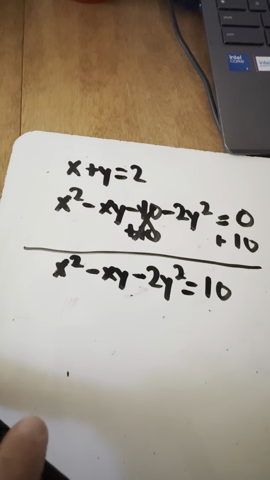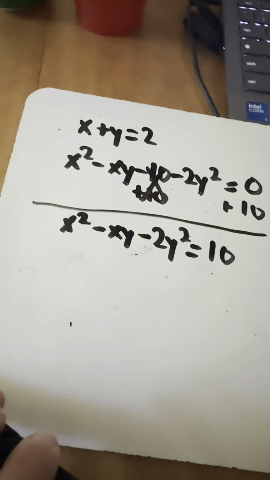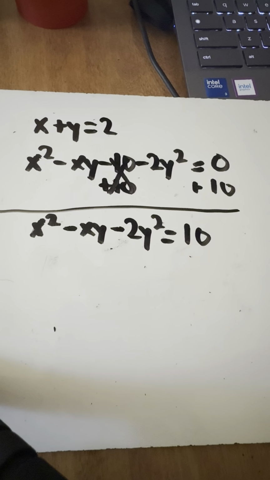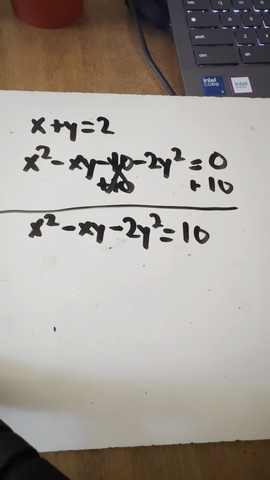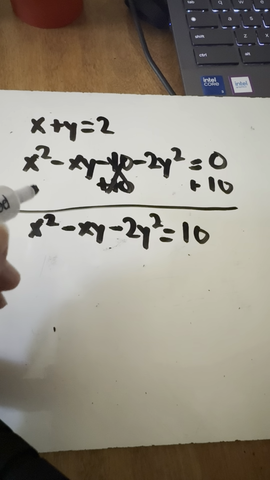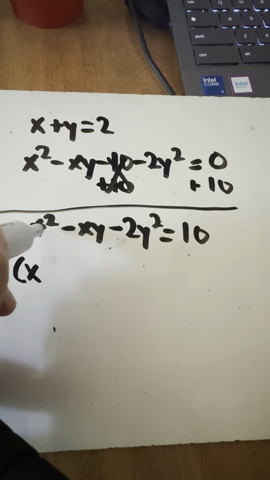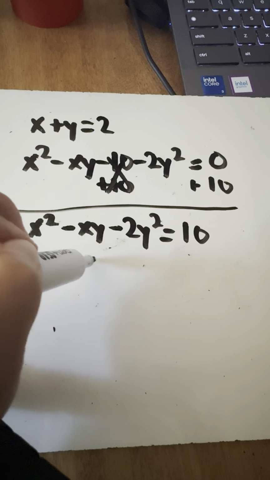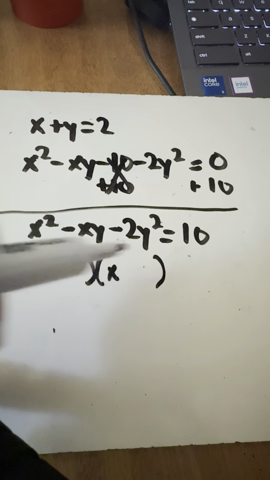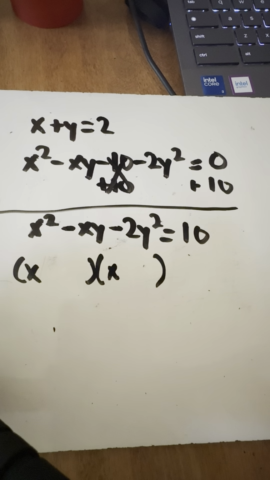This is a little bit of an unorthodox way to do this, but I think this is probably the fastest. If you know anything about factoring trinomials into binomials, you're going to have a setup where you have an x here because you have an x at the beginning, and you're going to have another x here. Now, we don't know whether it's going to be plus or minus. We're going to have to figure that out.